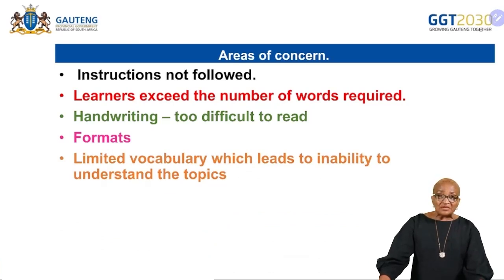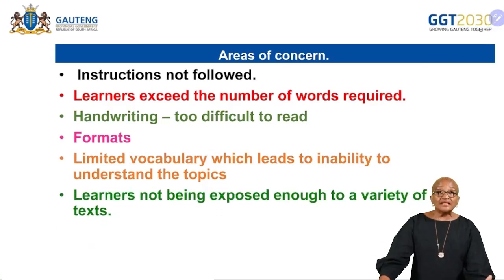There's also limited vocabulary, which leads to inability to understand the topics. If learners don't have the necessary vocab, definitely they will find it difficult to understand the topic. This is also a serious concern. Learners not being exposed enough to a variety of text.